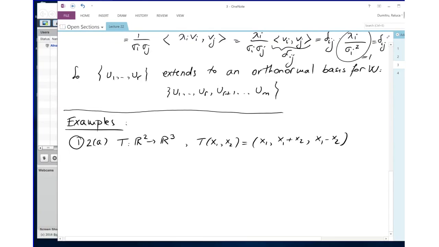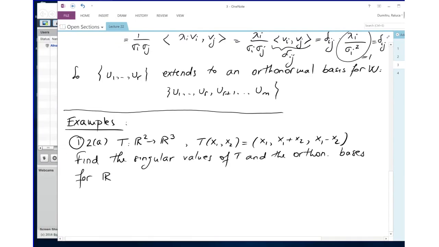Find the singular values of T and the orthonormal bases from the singular value decomposition for R2 and R3. Singular value decomposition, by the way, is usually called SVD.